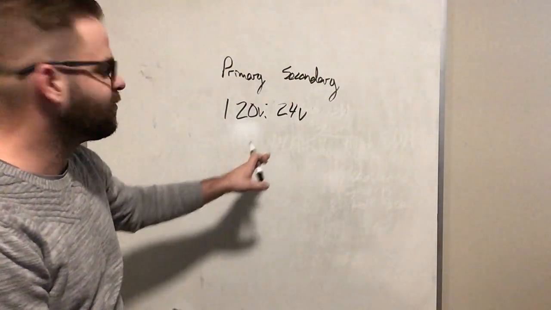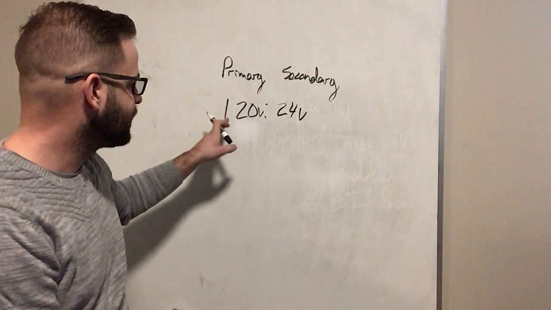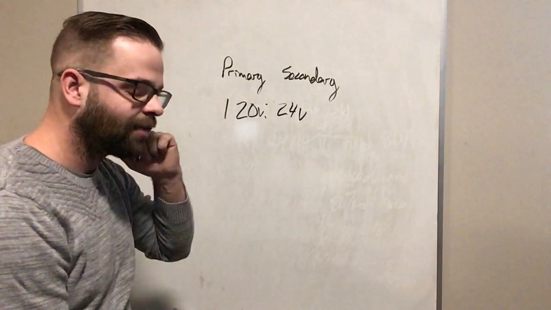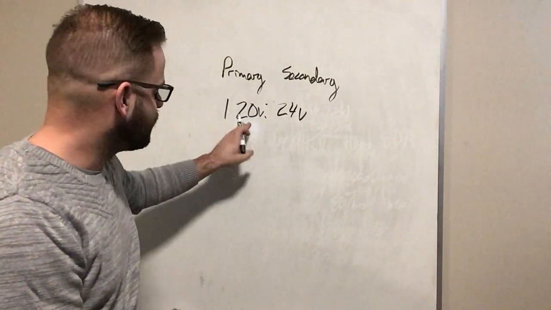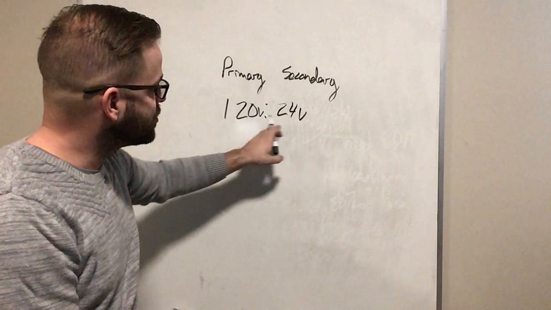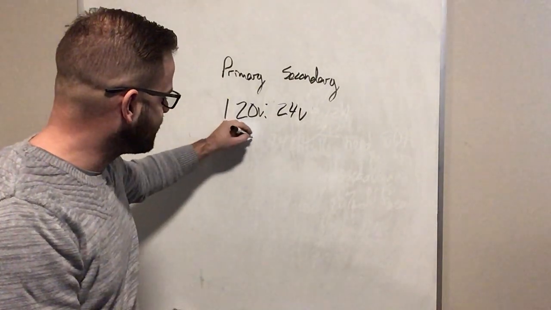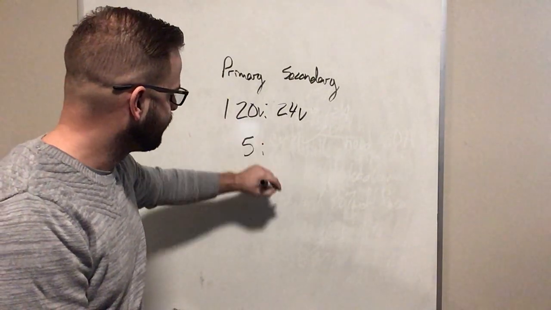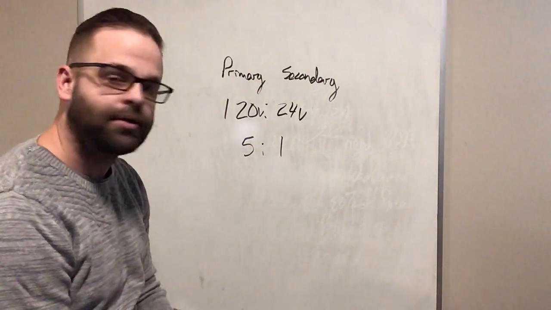If you divide 24 into 120, you get 5. So 120 is 5 times larger than 24, so that means that I have a 5 to 1 turns ratio.